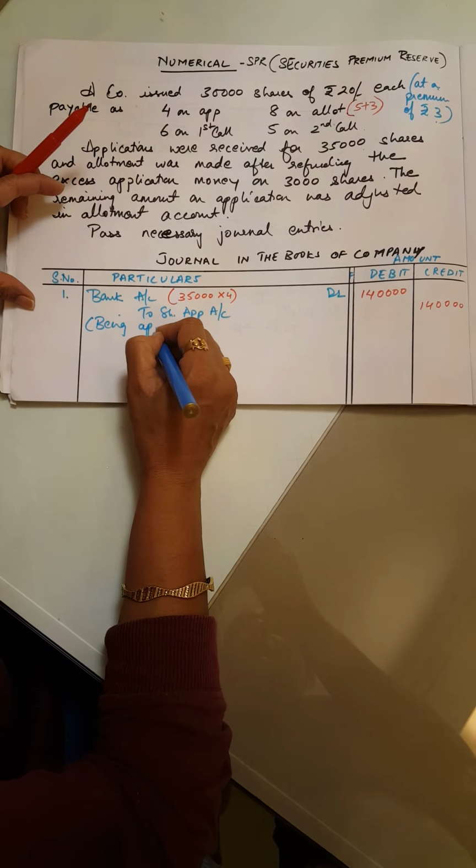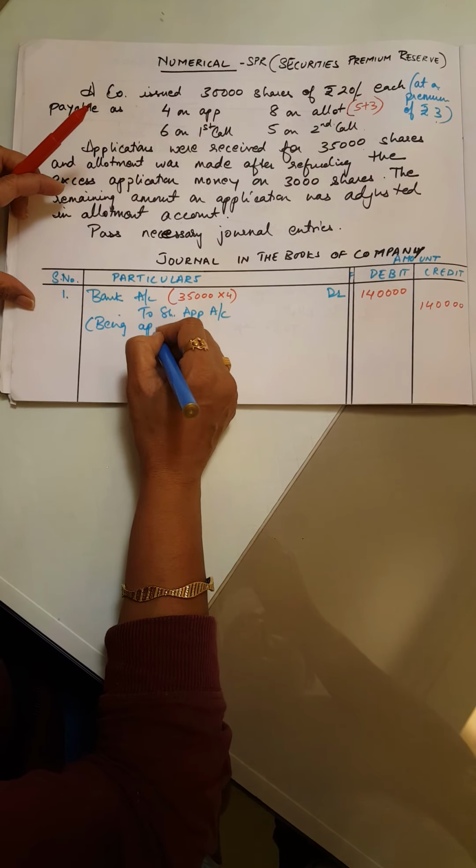Your second entry. And I told you, if you don't have a ruled notebook, you can draw a line. If you have a ruled notebook, you have to leave a line. Then we have a second entry, that is of refund. It is told application money on 3,000 shares has been refunded. So you have share application. You are refunding on 3,000 shares.